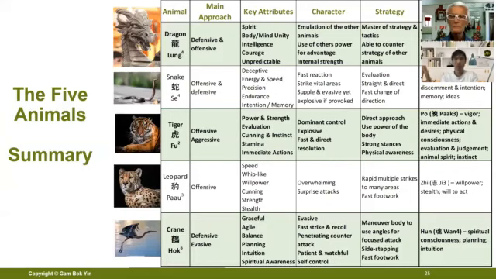throughout the 5 animals, if we can look at their key attributes and character and strategy and apply that to what we do and how we learn and what we learn in Hung Gar, and also in understanding ourselves and the experiences we have in life and how we choose to be under certain situations, then I think this is all very relevant.